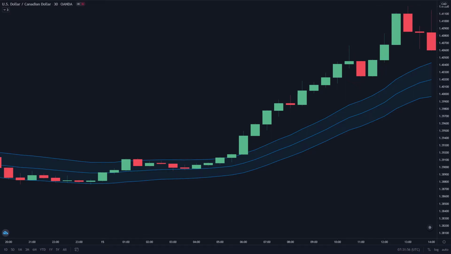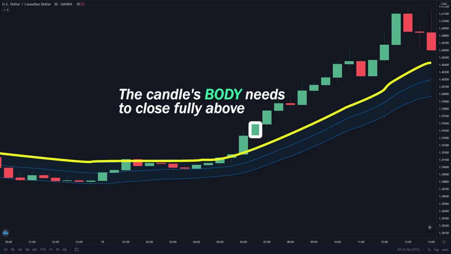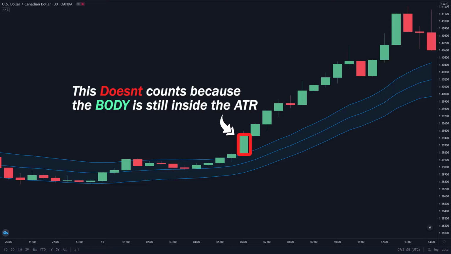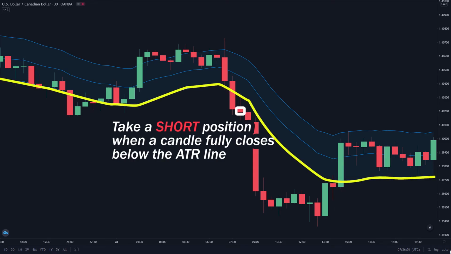The price breakout technique is very simple. If a candle closes fully above the ATR line, you take a long position. But remember, the candle's body has to close fully above for you to take a long position. So candles like this don't count. And you take a short position when a candle fully closes below the ATR line.